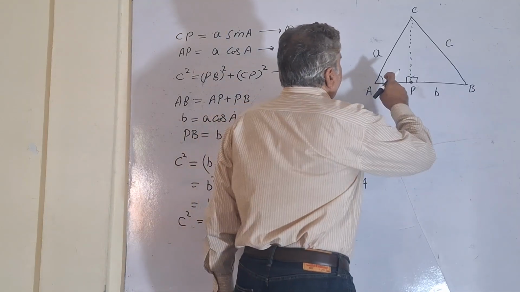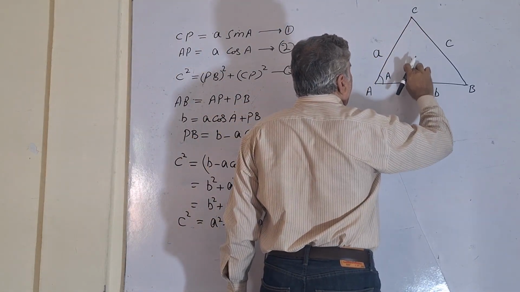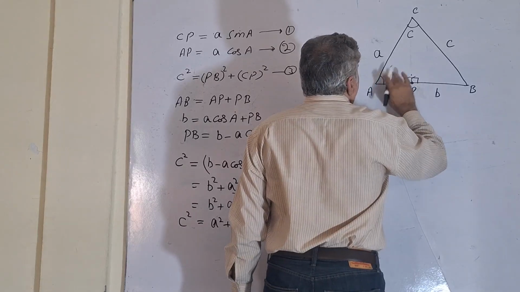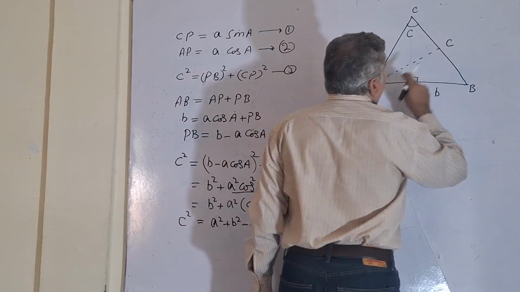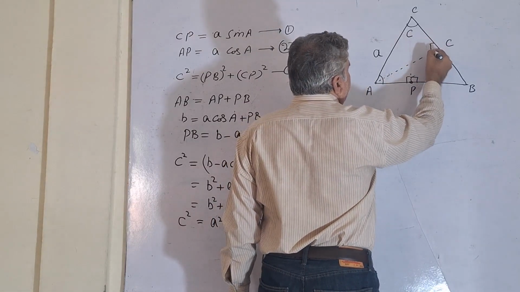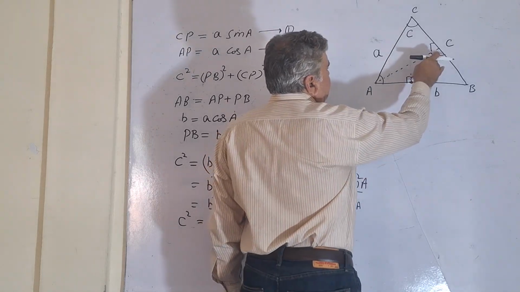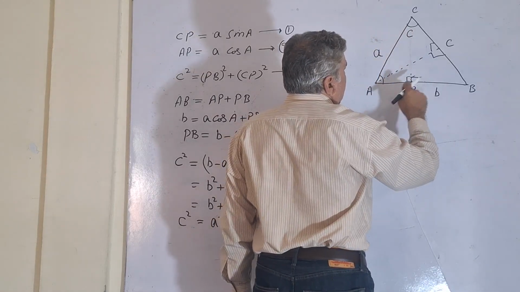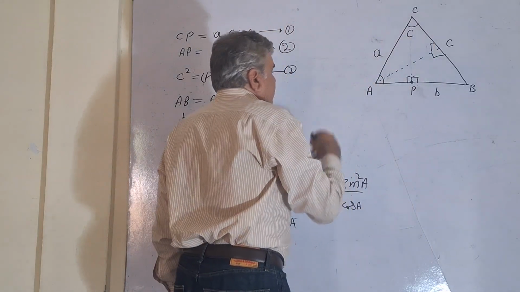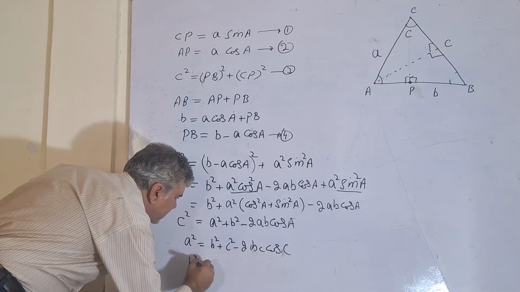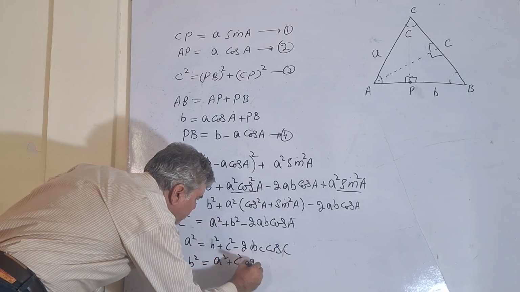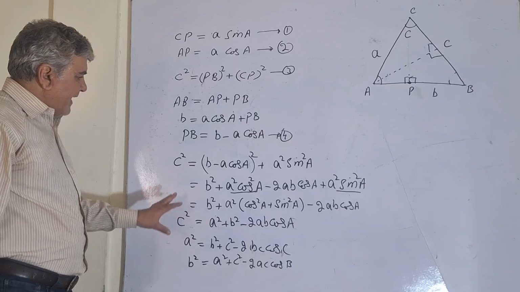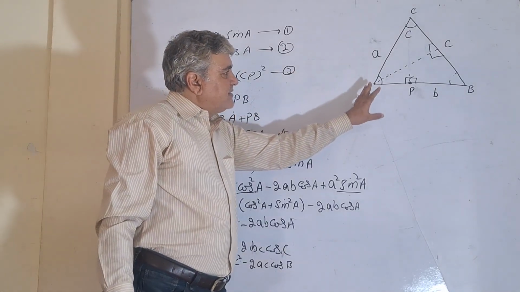Similarly, instead of this angle, if we had the information of this angle, which I represent with C, then I would have dropped a perpendicular on this side, and we would have split this triangle into two right angle triangles, and solving the same way, I could find b in terms of a and c and the angle C. And so I would be able to write b squared equals a squared plus c squared minus 2ac cos of angle C. So we can construct the relation for any side if we know the two adjacent sides and the angle between them.